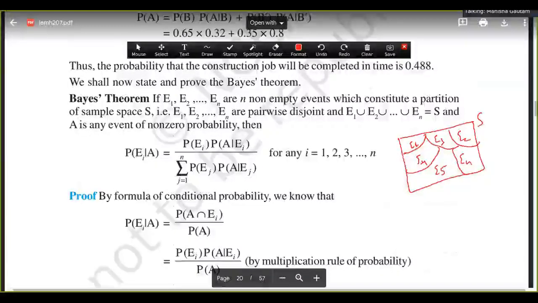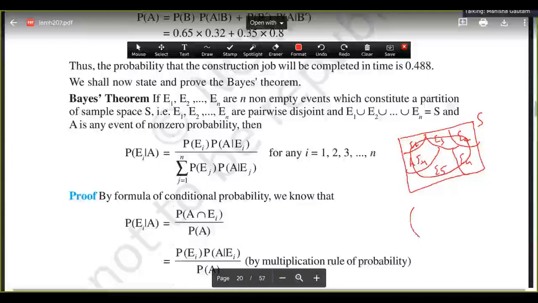Now this is A. You can see this A is touching all the partitions. Now you want the probability given that A has already happened, and it happened in E1. You have to calculate this one.